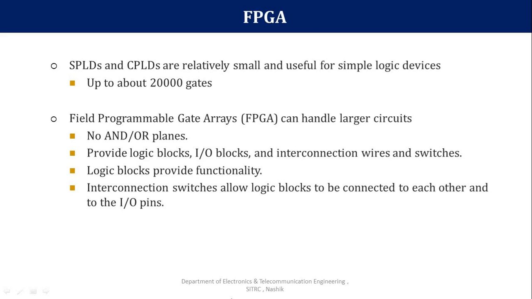As we learned, SPLD and CPLD are used to implement relatively small, simple logic devices, because SPLDs like PLA, PAL and ROM have usable gates ranging from 800 to 6400, whereas CPLDs have gates ranging up to 20,000.